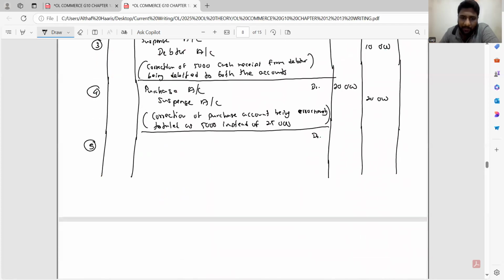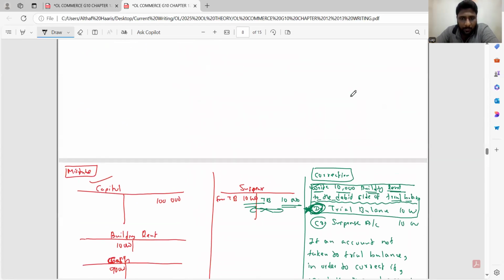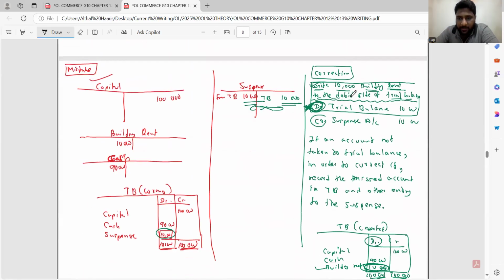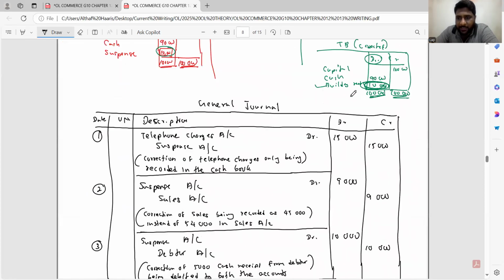So in double entry, only one entry is there, which is the credit one. Suspense. Okay. So just the suspense.